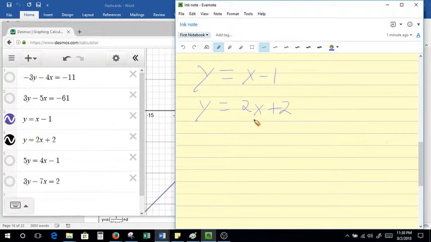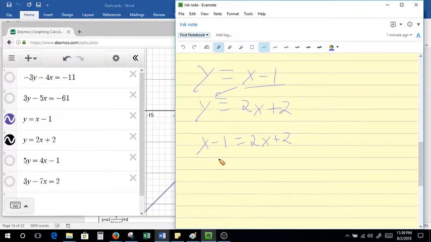But substitution makes sense. And in fact, when you have variables by themselves like this, substitution is the same thing as elimination because we could subtract down the line and we'd eliminate the y, and then we'd have both zeros, move it over, and we'd be in the same position. So substitute this in for this y. x minus 1 equals 2x plus 2.